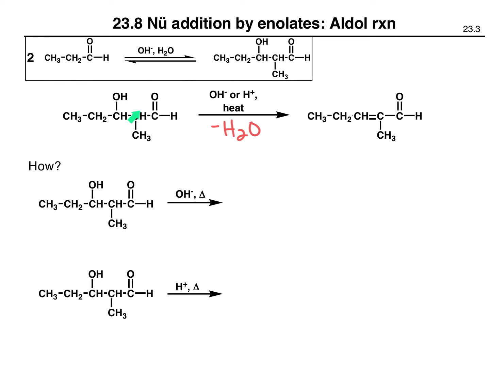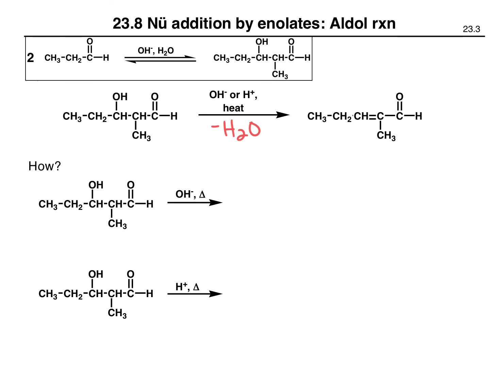Notice we specifically lose the hydrogen from the position alpha to the carbonyl because that gives us an alkene that is conjugated to the carbonyl, right? If we lost H and OH from here, then this would be an isolated alkene, an isolated carbonyl. But losing an H and OH here gives us the conjugated system.